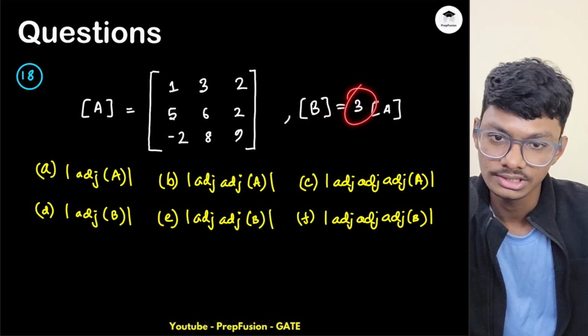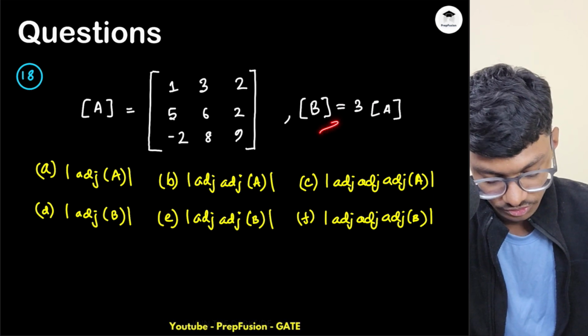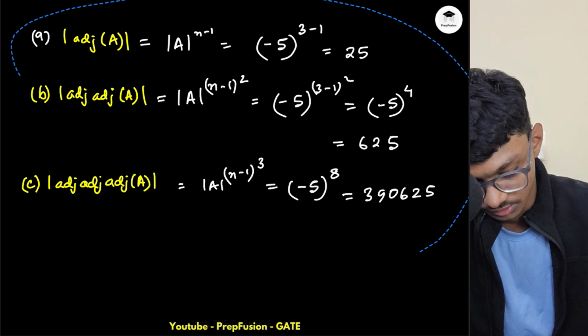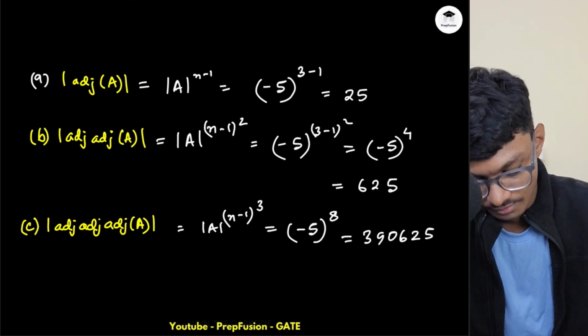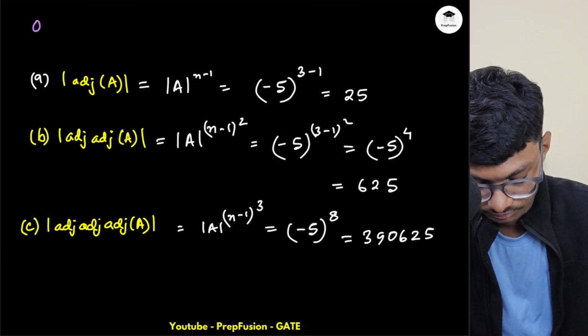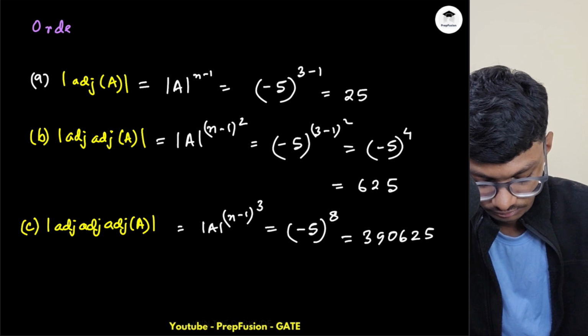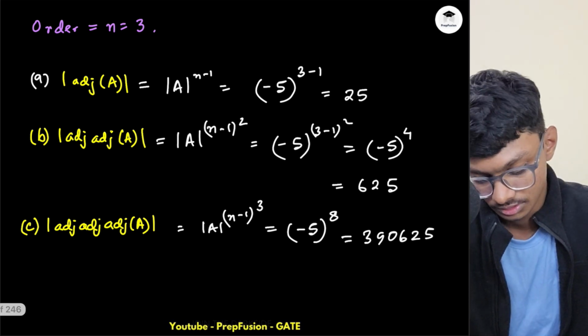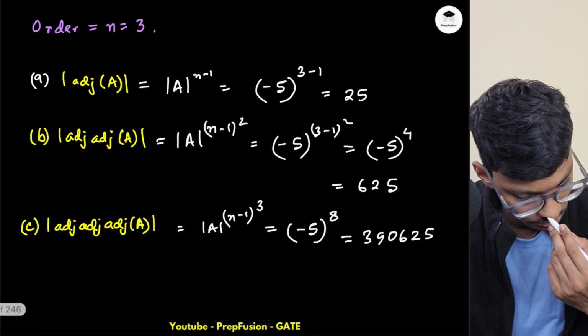It is only multiplied by a scalar number. So the order of this is also 3, so here I should write n equals to order equals to 3. Okay, so yeah, now this is the case.